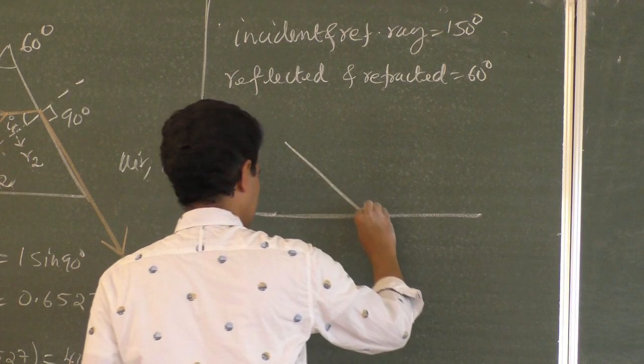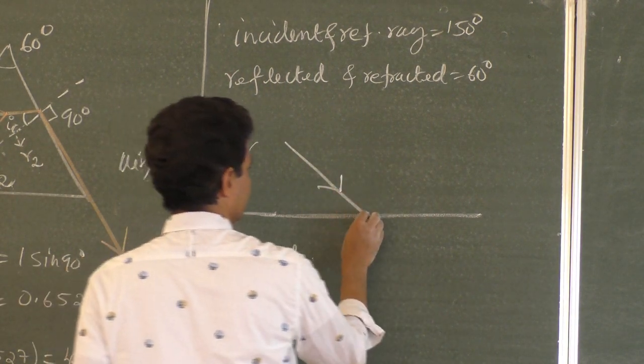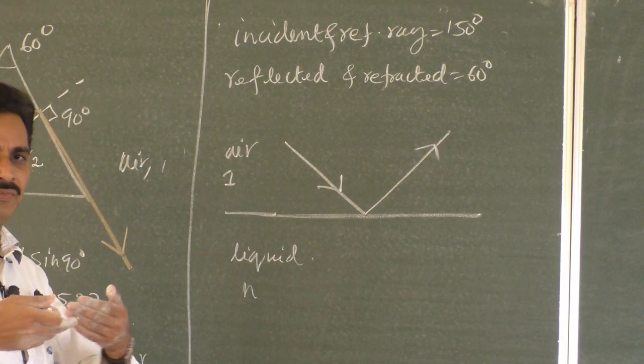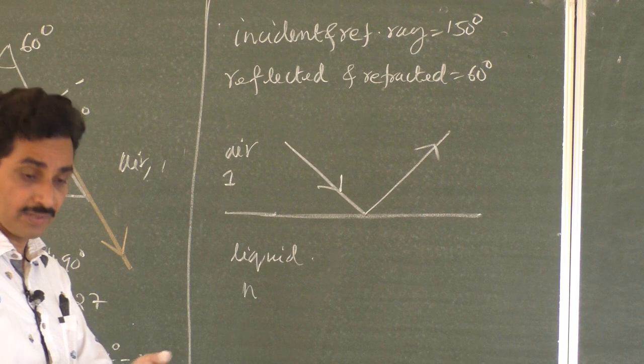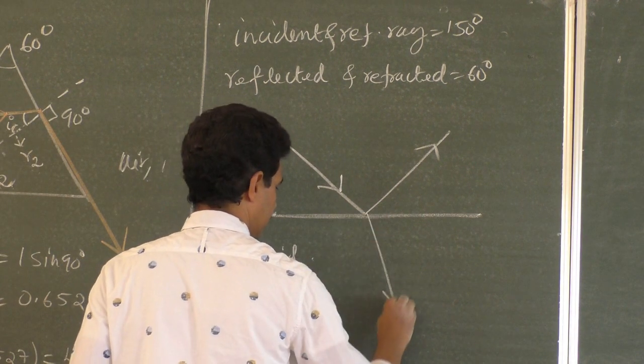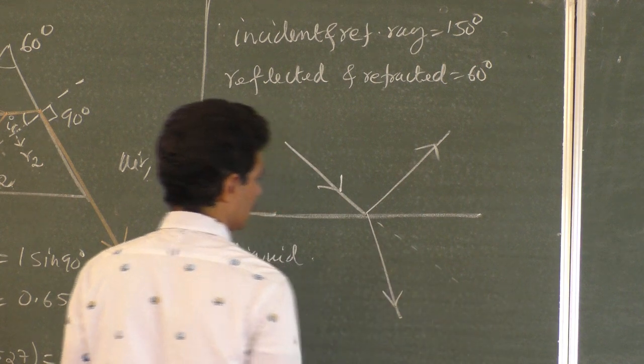Now take a ray of light. A part of the light gets reflected. Whenever light falls on water or any liquid, part of the light gets reflected. Otherwise, we may not be able to see the surface of water at all. And most of the light passes through. And this is the original direction.